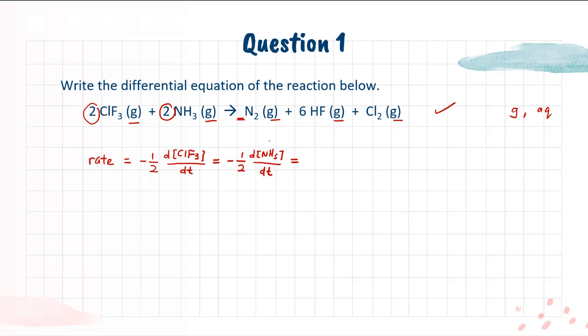So it will just be a positive d[N2] over dt. And then our second product over here with a coefficient 6. So in this case, we have a plus 1/6 d[HF] over dt. And lastly, for the product Cl2, still we have coefficient 1, so plus d[Cl2] over dt.